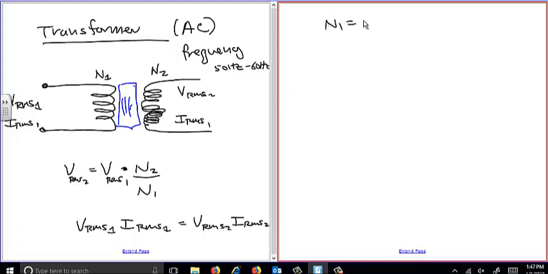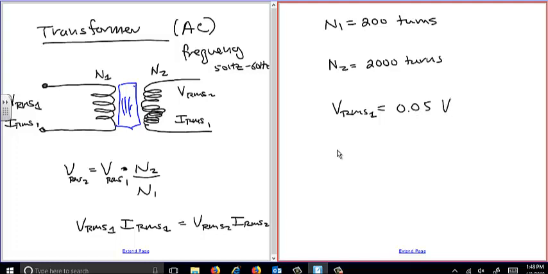So let's say N1 equals 200 turns. N2 is equal to 2,000 turns. And then we have V RMS 1 is, let's say, 0.05 volts, and I RMS 1 is 0.5 amps.